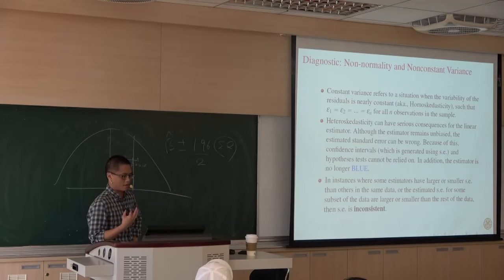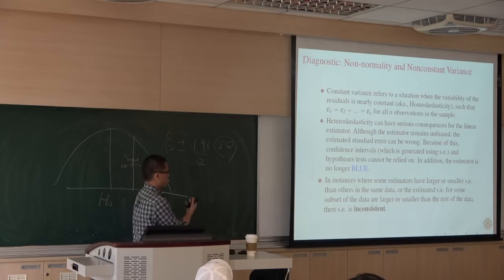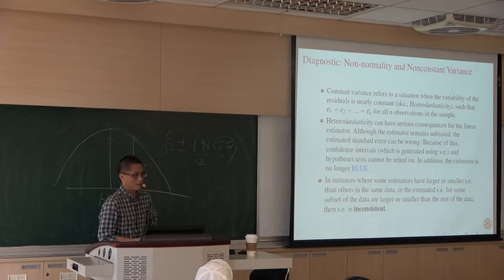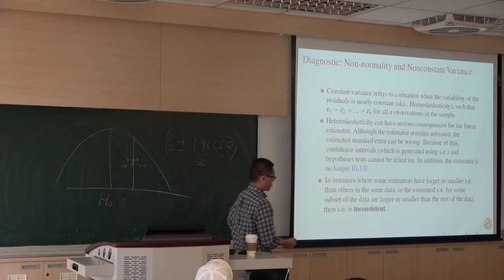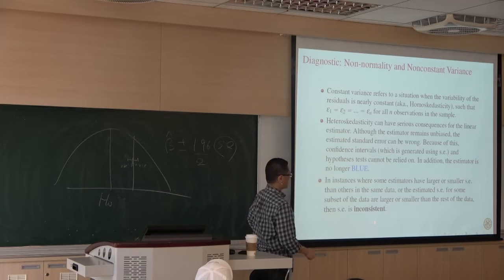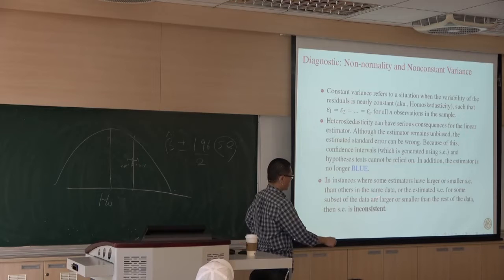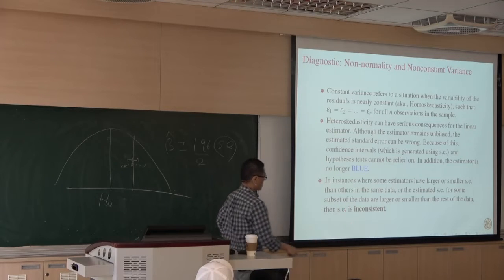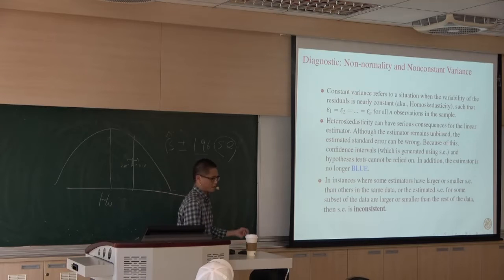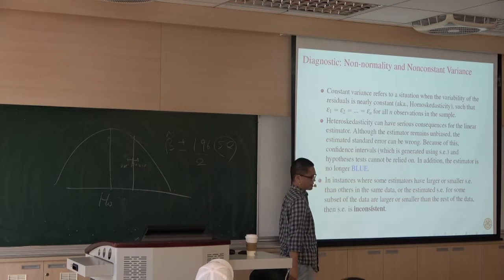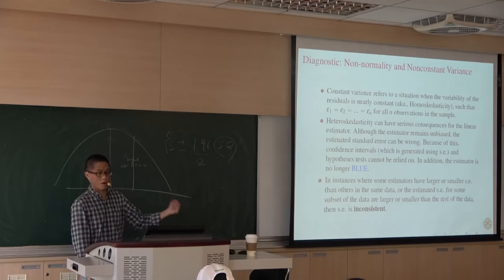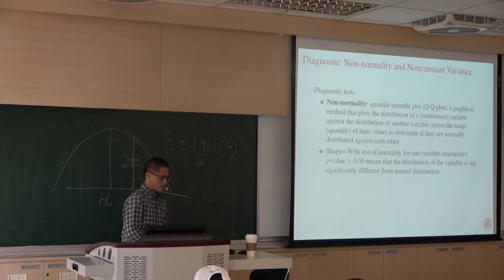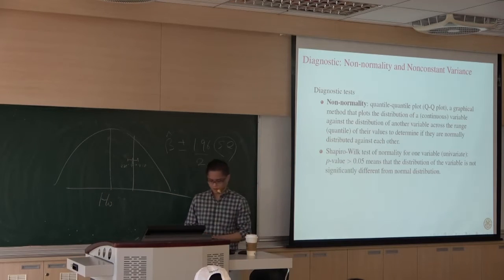Then the estimator could have a larger or smaller standard error estimate than the rest of the data, given that they have non-constant variance. Then we will say the estimated standard errors are inconsistent because they are not constant across observations. So there are a couple of ways to diagnose the data.